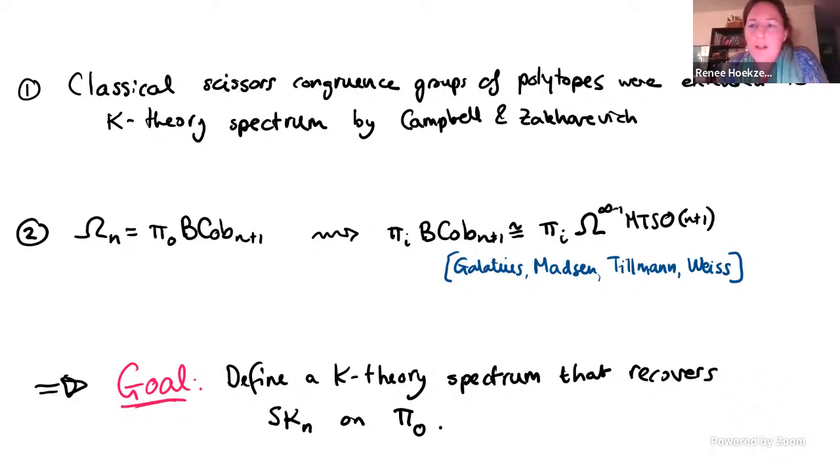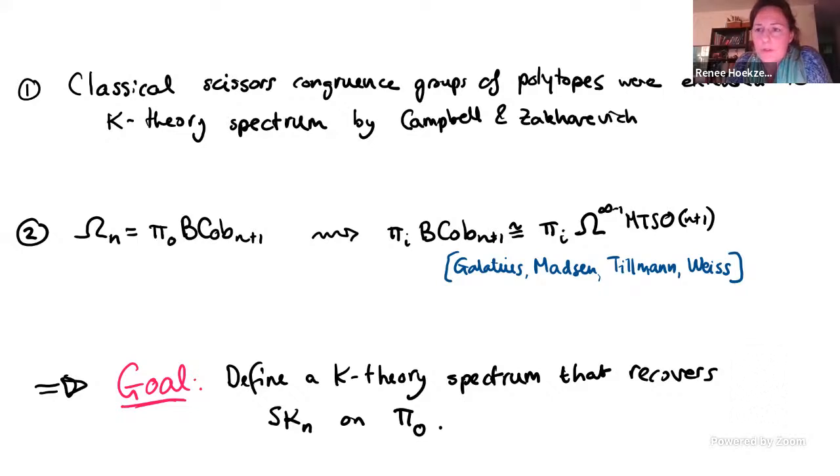Okay, so our project was motivated by the following things. Firstly, the classical SK-congruence groups were lifted to a K-theory spectrum, as I mentioned before. Also, if you think about cobordism groups, they are connected components of a cobordism category, and the higher homotopy groups of this cobordism category can be shown to equal the homotopy groups of the Madsen-Tillmann spectrum.